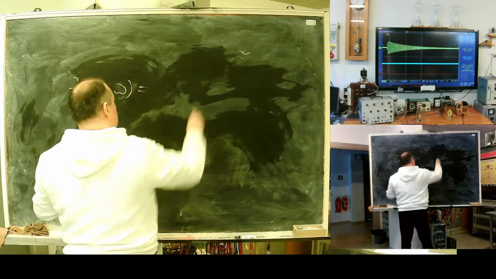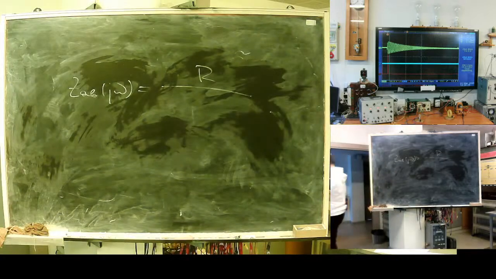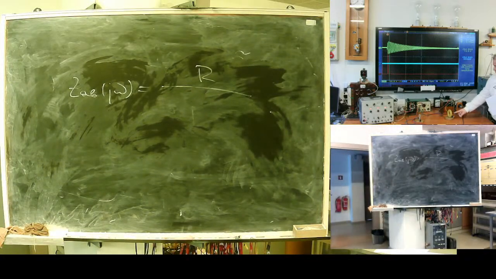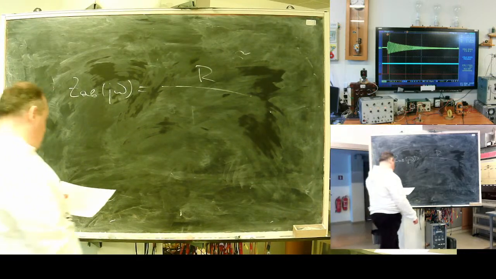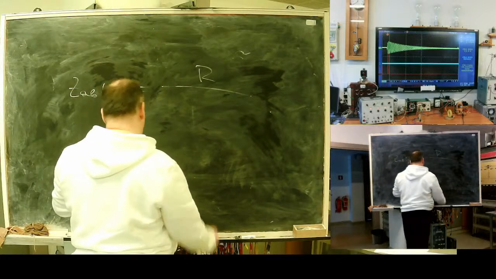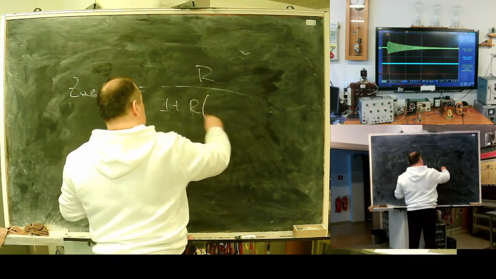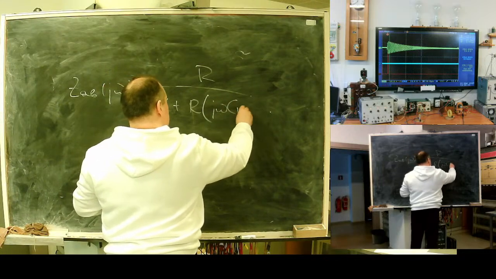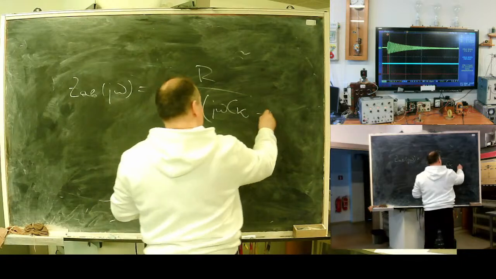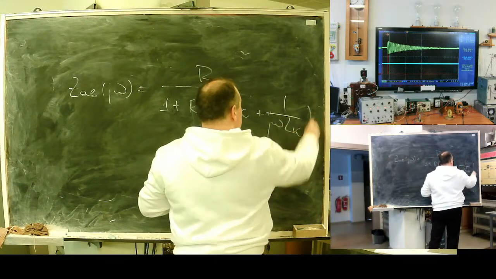Frequency can be active resistance. It's an equivalent loss in the coil and in the capacitor. Capacitor losses are important. I can prove it. 1 plus R omega capacitor plus 1 divided by omega inductance.